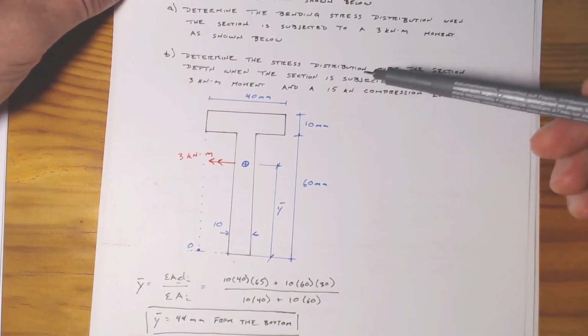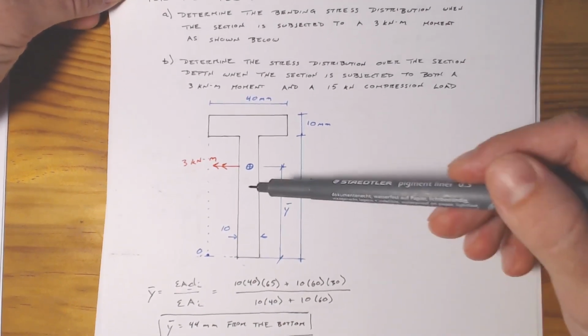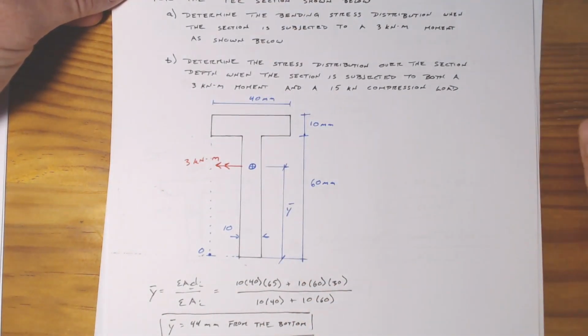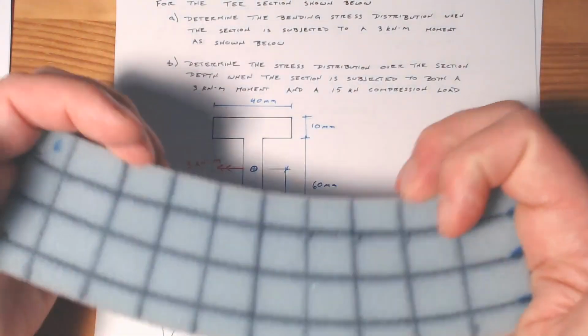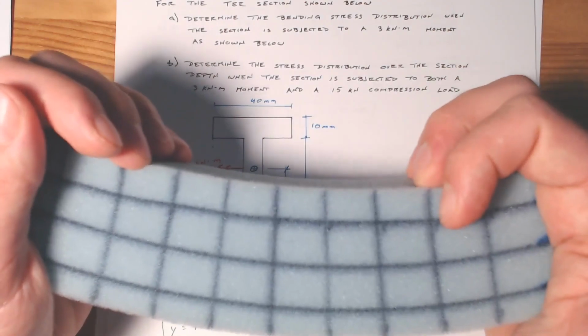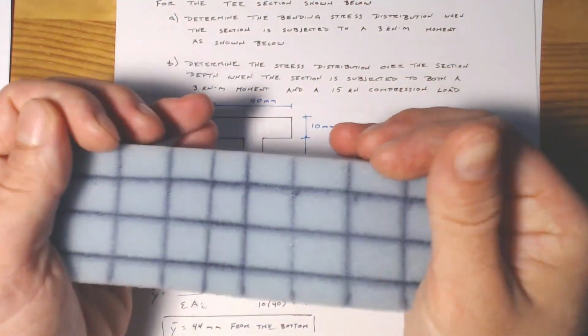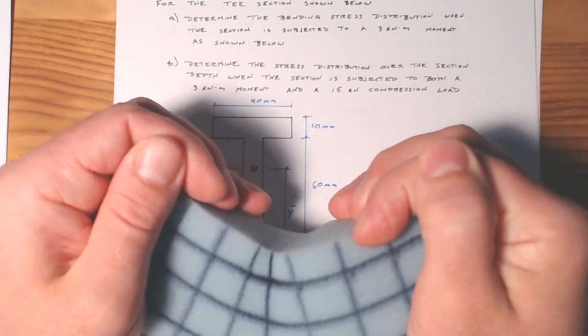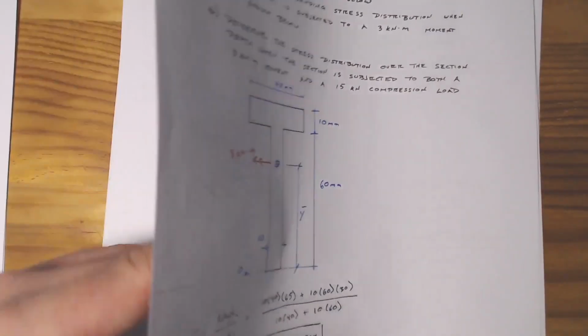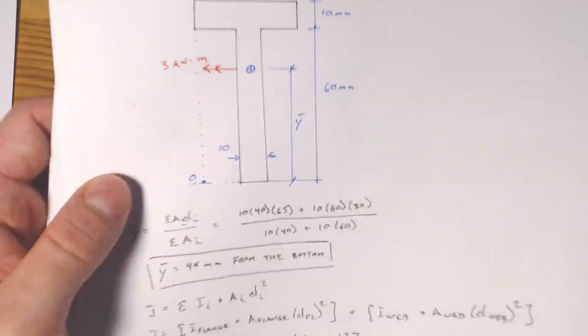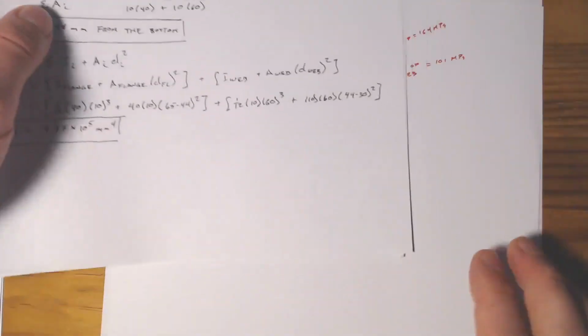Now part B: say that we still have this 3 kilonewton meter moment applied, but then we also have a 15 kilonewton force which is pushing in compression. So if we have our little beam, we've got our 3 kilonewton meter moment there, and then we're also compressing it 15 kilonewtons, and we're also bending. So what is that combined stress state? We'll go ahead and transfer over what we already know.